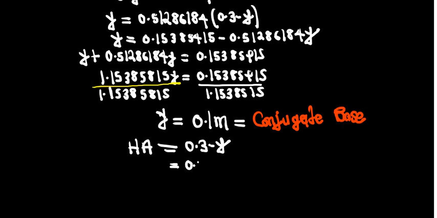It is 0.1. So it means that this HA was equal to the weak acid, which is the citric acid. So the citric acid, which is the HA, is equal to 0.3 minus 0.1. I'm going to have 0.2 molar. So this becomes the concentration of the weak acid.